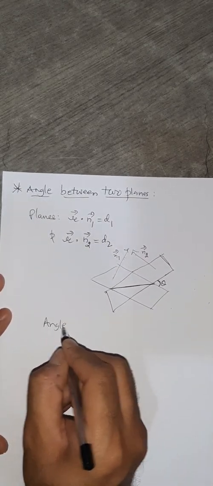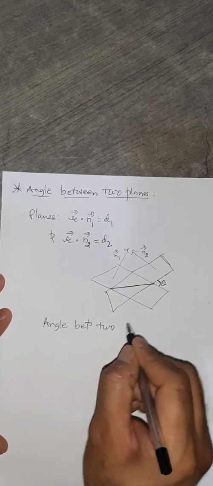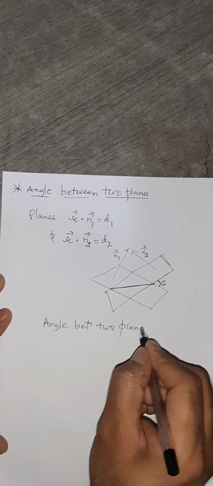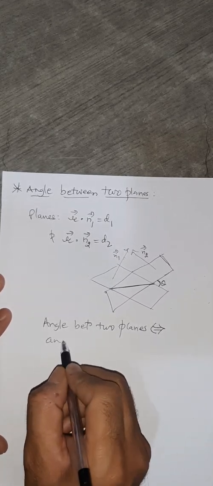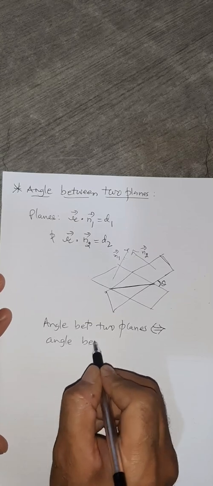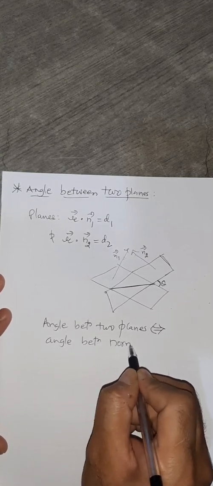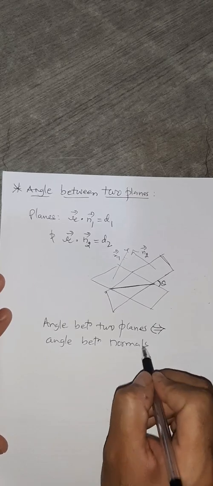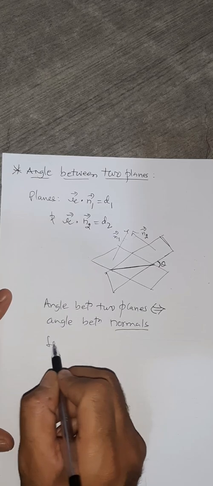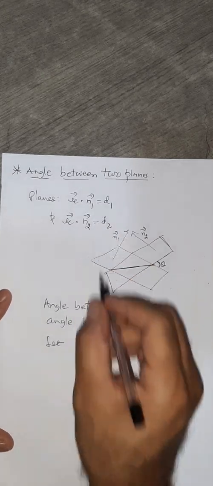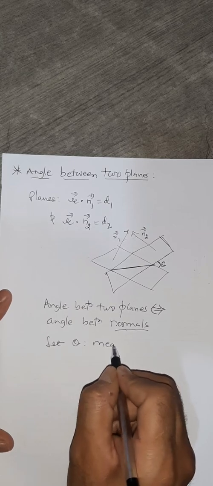So I'll write here, angle between two planes if and only if angle between normals. Now normals are vectors. So we just write the angle between these two vectors. Which two vectors? Normals, that is n1 and n2. Let theta be the measure of the angle between these two planes.